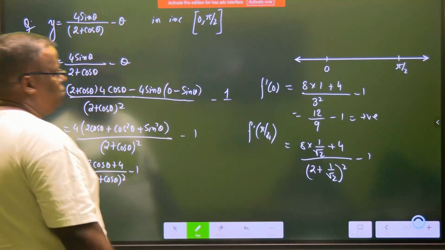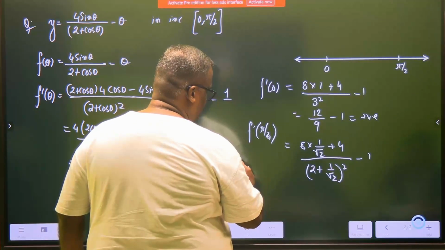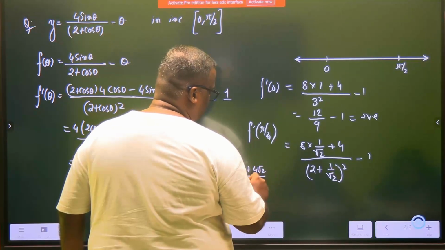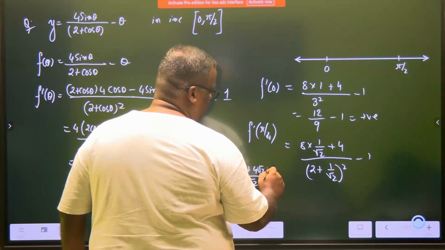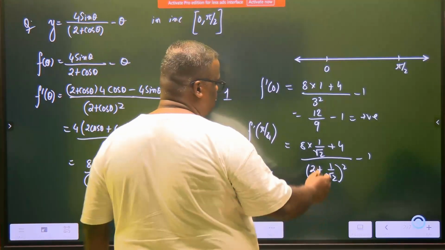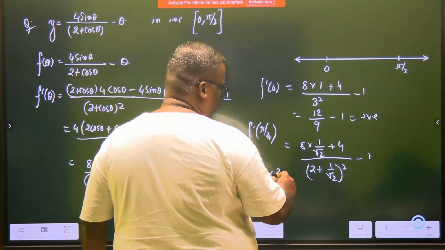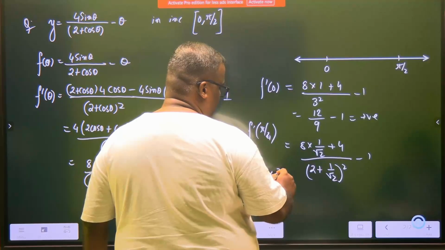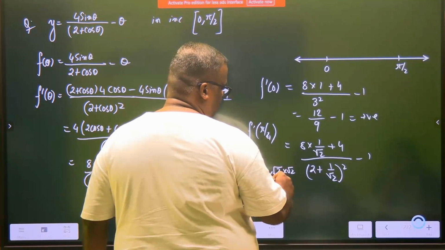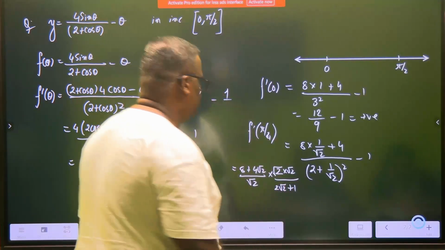So how do you show this is positive? We can write 8 plus 4 root 2 divided by root 2, into root 2 into root 2 divided by 2 root 2 plus 1.